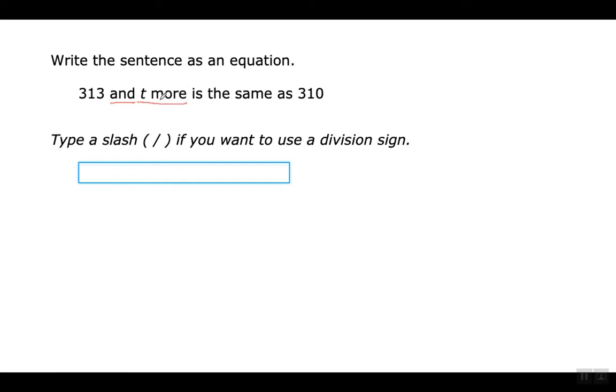So that's telling you you're adding. 313 y T más. And T more. That means you got to add T. Is the same as. Es igual que. By the way, that's a T. Esto es una T y esto es el signo de sumar. So that's T and that's the add sign. Alright, so that would be the answer for that one.